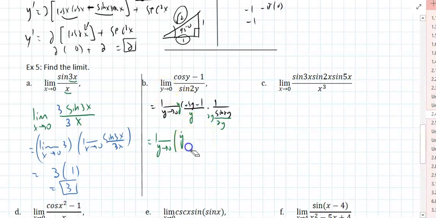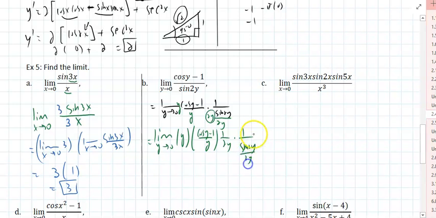So if I work those out, let me just set them up. I'm looking at the limit as y approaches 0 of y times cosine of y minus 1 over y, times 1 over 2y, that will be this y, times 1 over the sine of 2y over 2y.